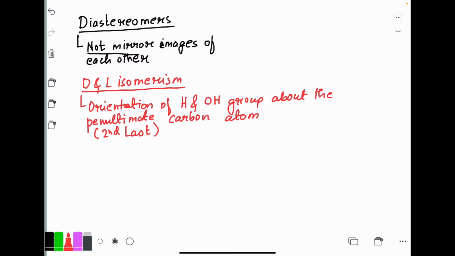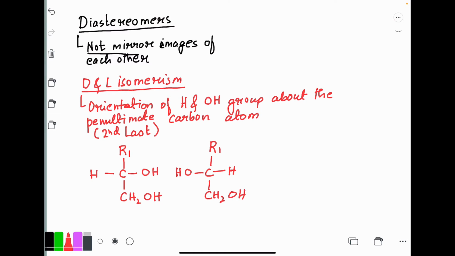So suppose this is the carbon coming, this is the second last carbon, this is the last carbon, H, and this part is also the same. See, on the second last carbon the orientation is different, right? And so these can be considered as DL isomers.